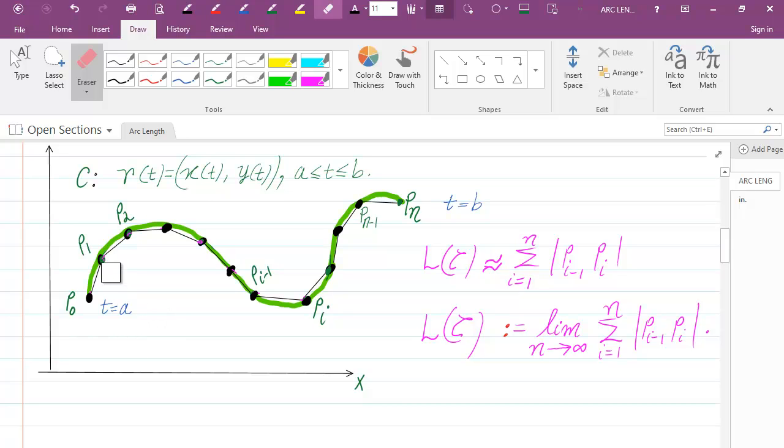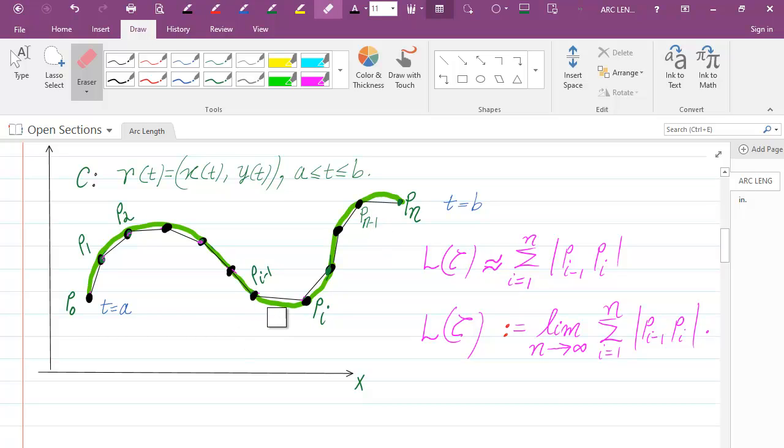And if we break the curve along each of these points, then we are going to get n pieces or n arcs. So we have the first arc from P0 to P1, the second arc from P1 to P2, dot, dot, dot, and the nth arc from Pn minus 1 to Pn.